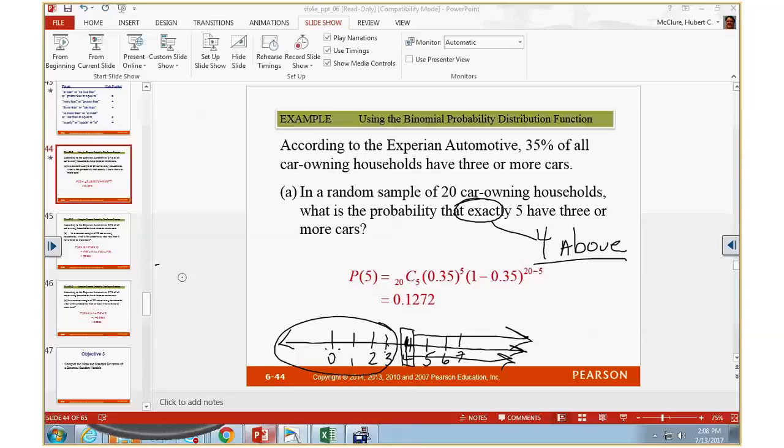One is I can add up NP, 4 through 20. That's one way to do it. Or I can get the complement, I think it's spelled with an E in math. Find the complement, and that would be 1 minus the probability of 3 or less.